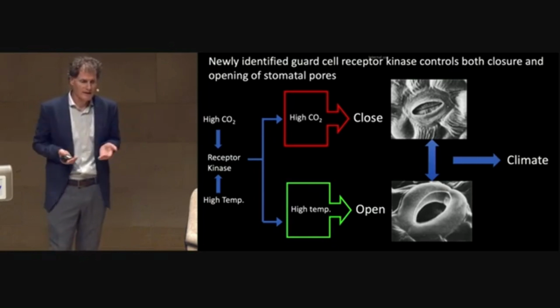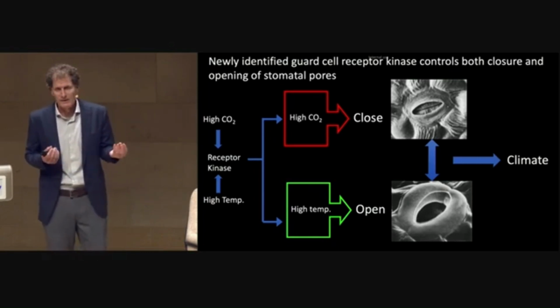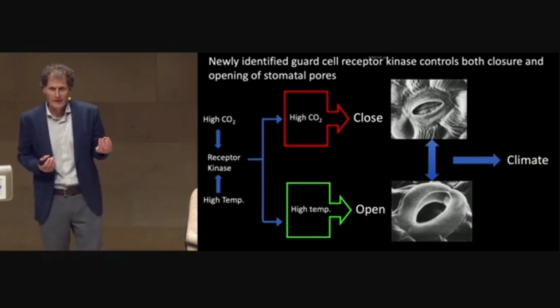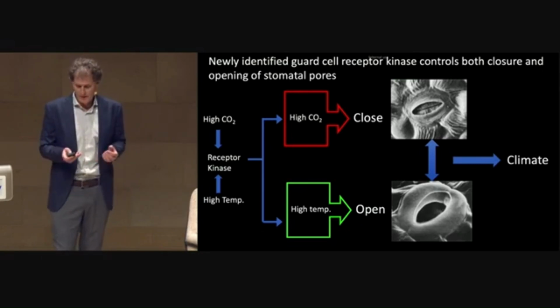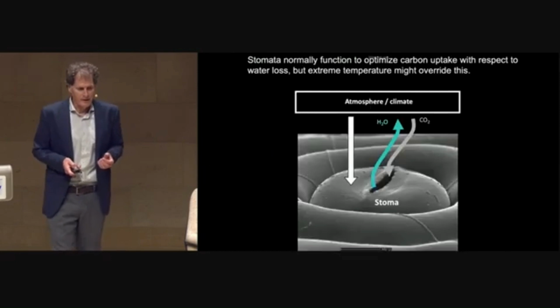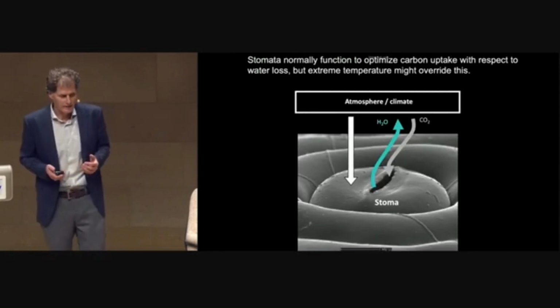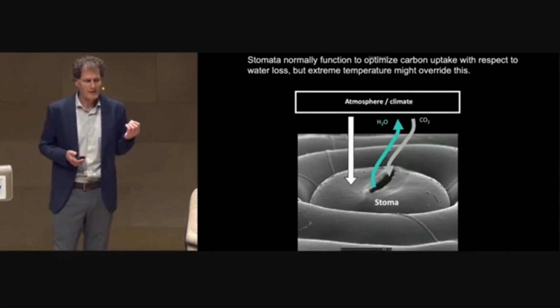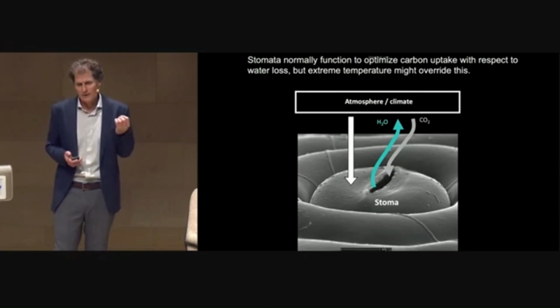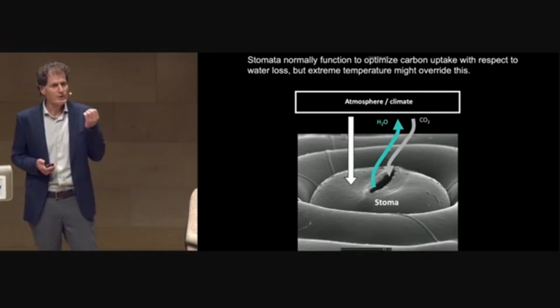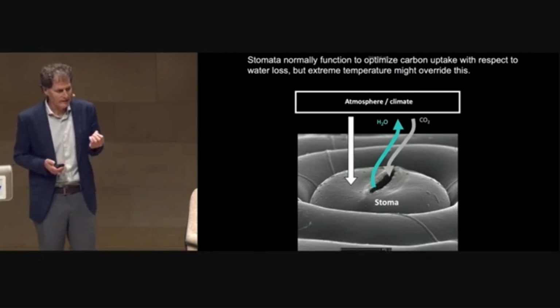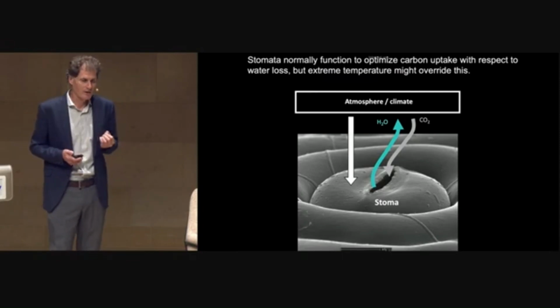When both are increasing, the plant is faced with the dilemma of whether it closes down to be more water use efficient or whether it opens its stomates to be a little cooler under excessive temperature. That's probably not too much of a dilemma while temperatures are more moderate, but as soon as temperatures become more extreme, that puts the plant into a more challenging problem to solve, and more of a dilemma.